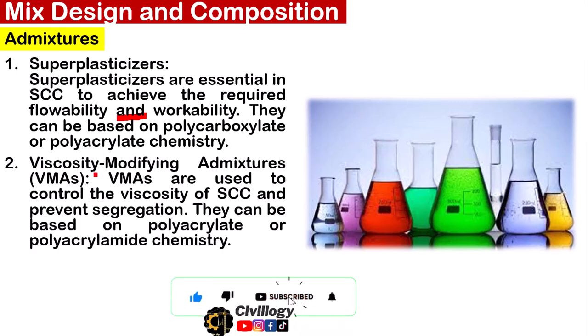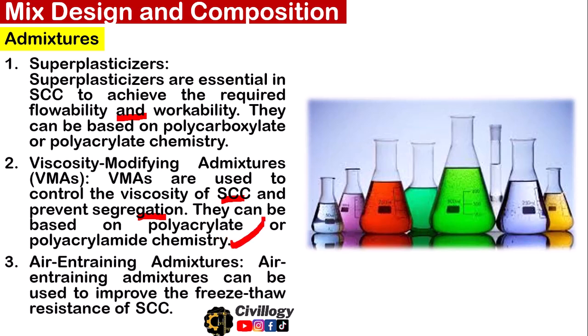Viscosity modifying admixtures (VMAs) are used to control the viscosity of self-compacting concrete and prevent segregation. They can be based on polyacrylate or polyacrylamide chemistry. Air entraining admixtures can be used to improve the freeze-thaw resistance of self-compacting concrete.